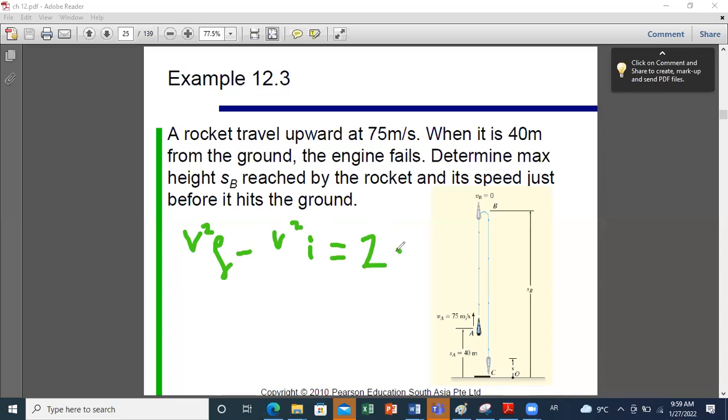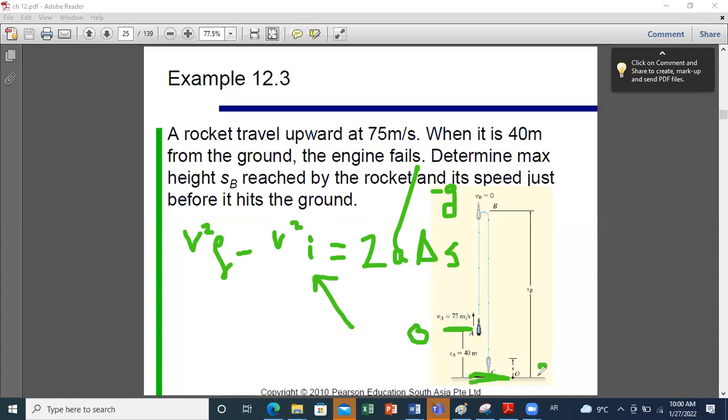Why? Because here it's true that you have two phases, up and down, but both are characterized by the same acceleration, which is minus g. So you can directly apply this relation from state 0 to state 2.